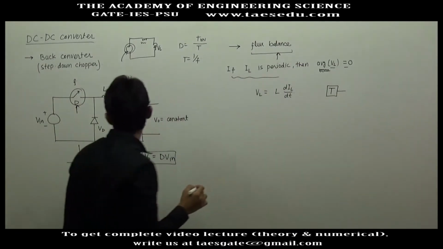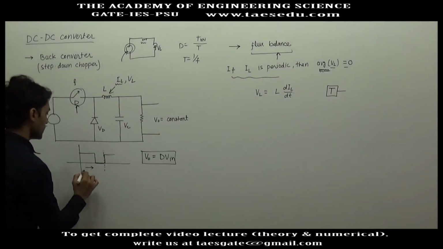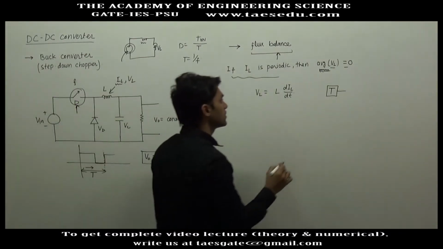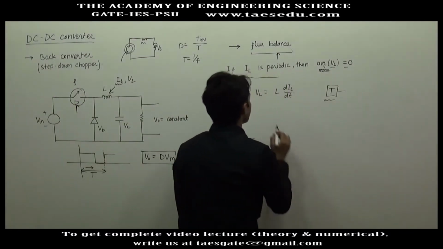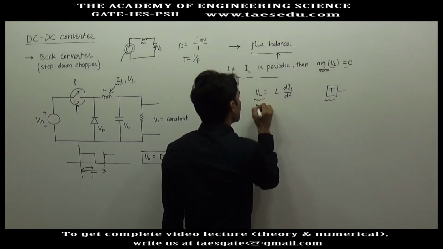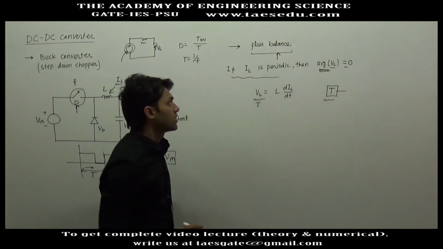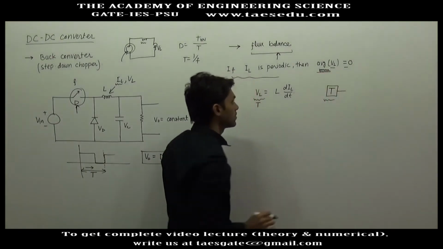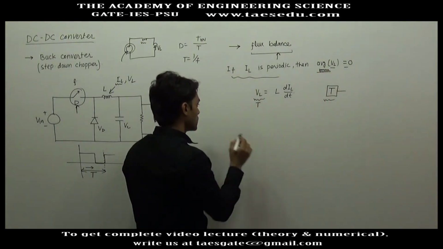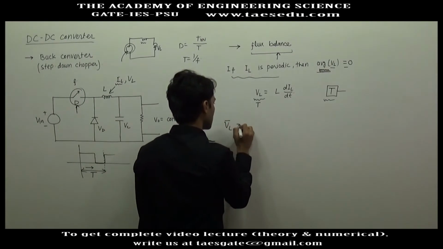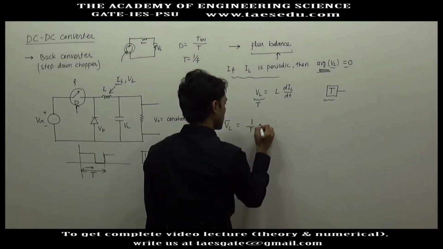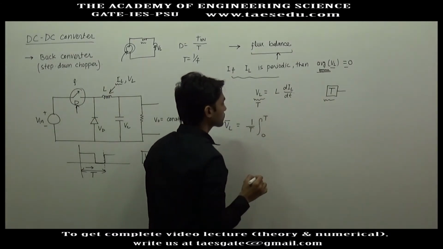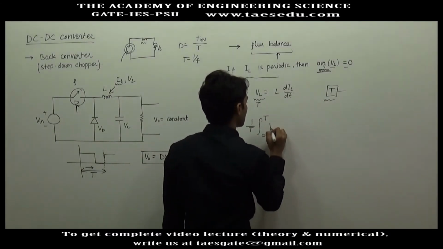If the duration of the switching cycle is T here, every quantity will be periodic with T. So voltage is also periodic with T, and you are interested in finding the average value of inductor voltage. So what is the average value of inductor voltage? This is nothing but 1 upon T, integral 0 to T, VL dt.